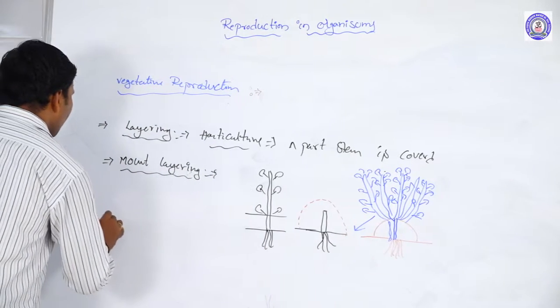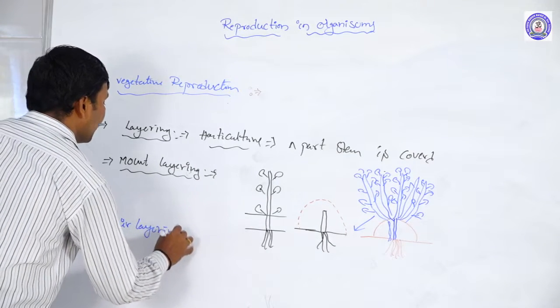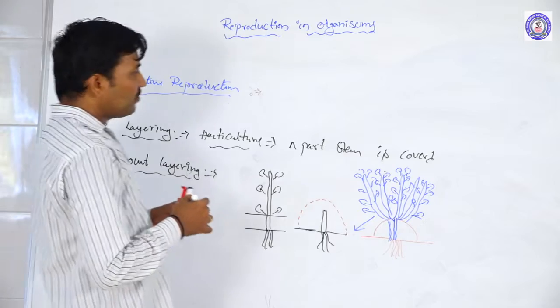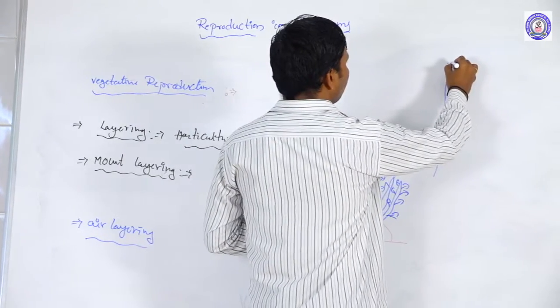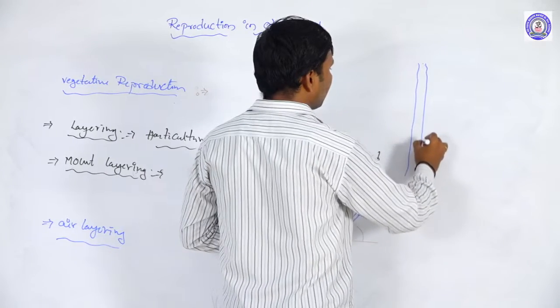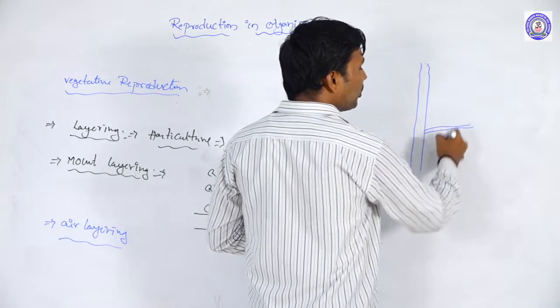Next one is air layering. Here we take some plants and, on the aerial part of their branches, we remove the bark.